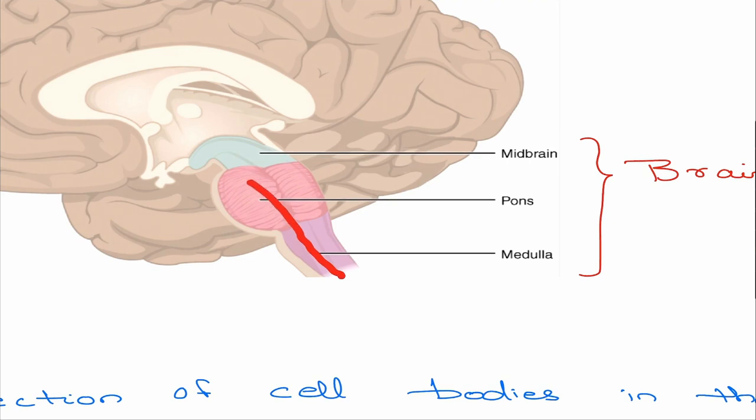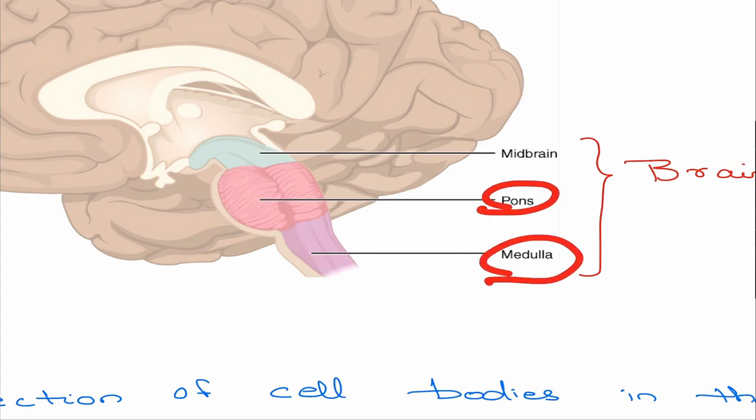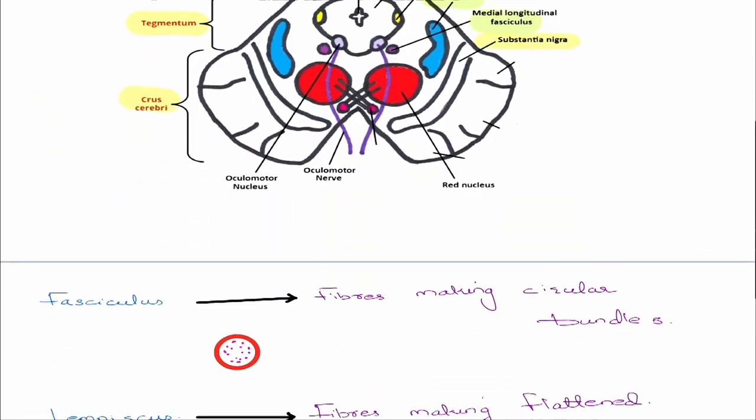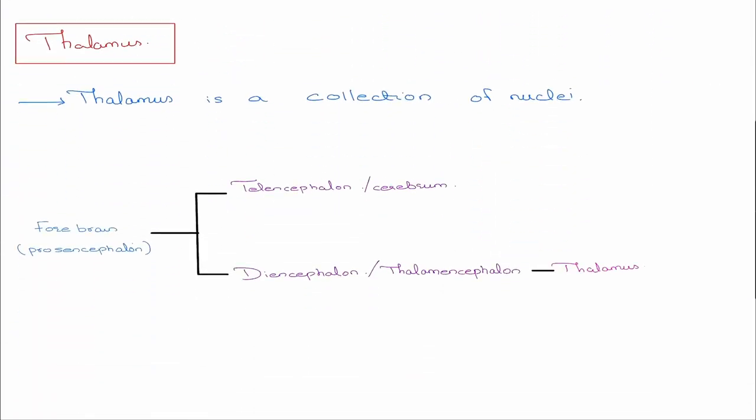There are certain things happening in medulla, certain things happening in pons, and then finally reaching the midbrain. So remember this, the medulla oblongata, pons, midbrain, thalamus, cerebrum. And at times it just goes to the sides into the cerebellum. If you just know this basics and about spinal cord, we will go into the next part.